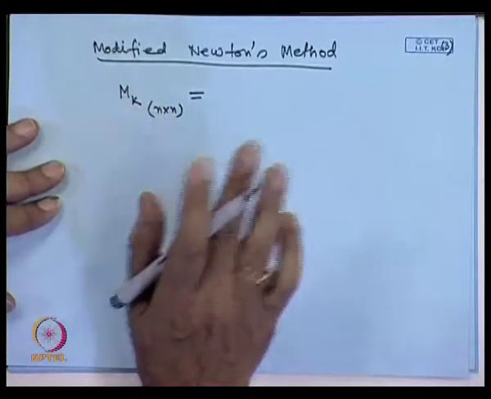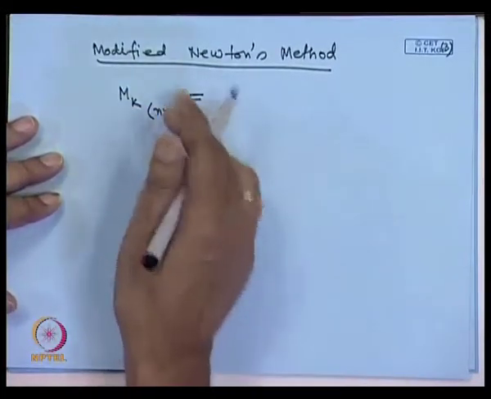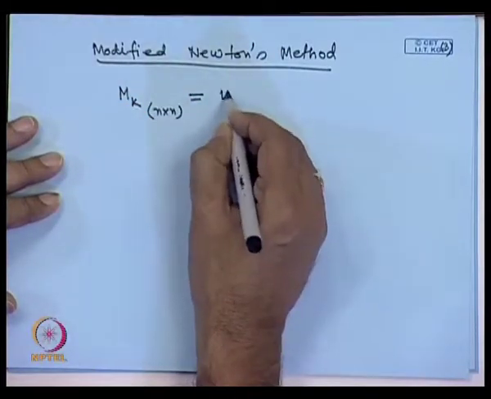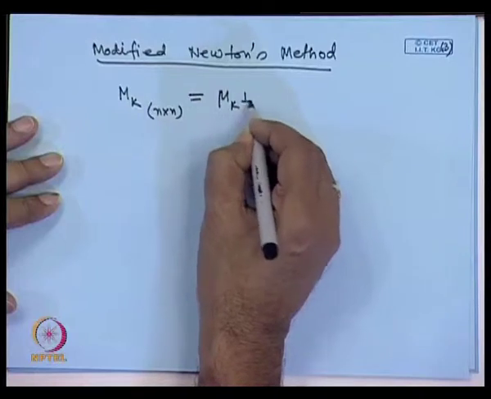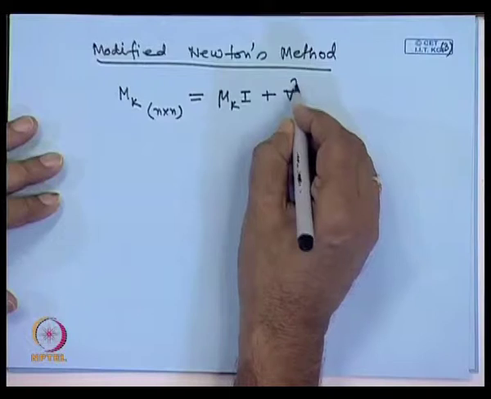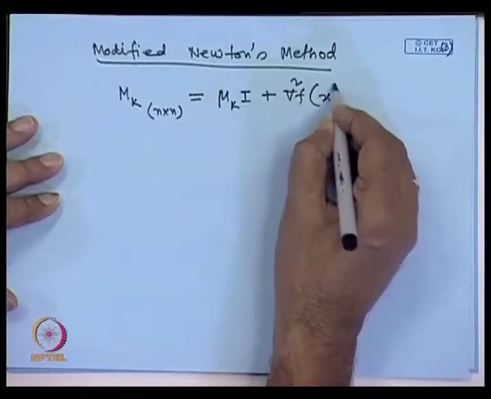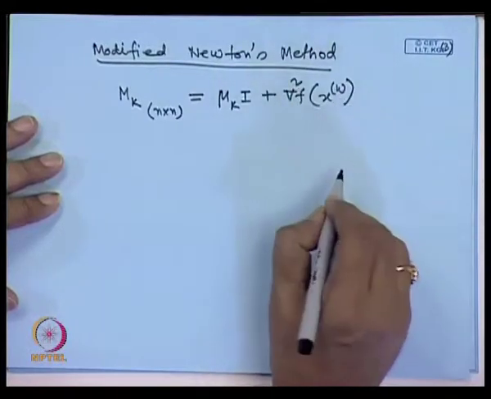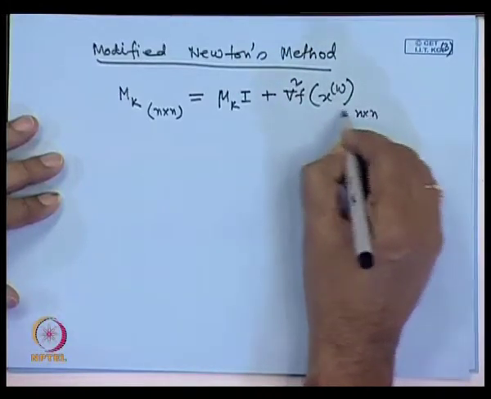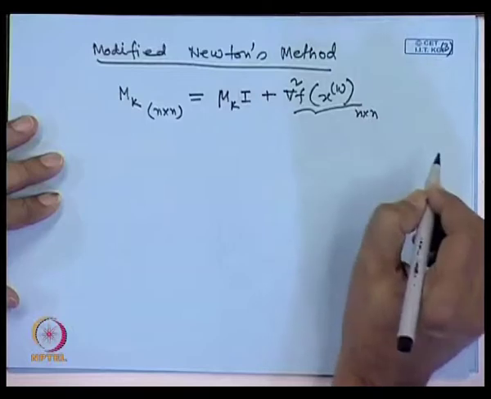So Hessian matrix dimension is n by n, naturally M should be n by n. I am just adding a diagonal matrix to the Hessian matrix. And this matrix dimension is n cross n.